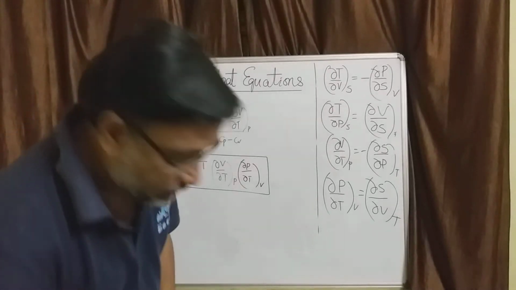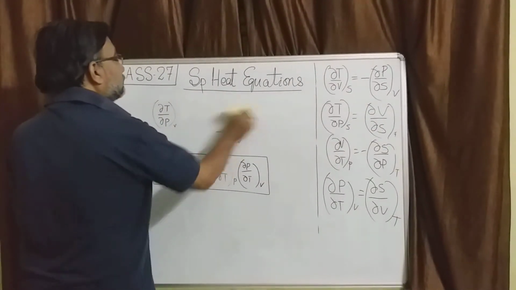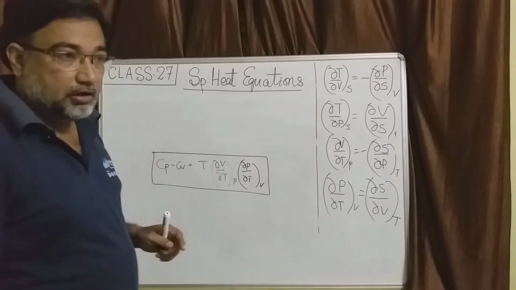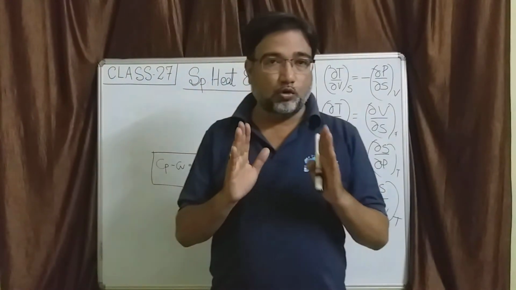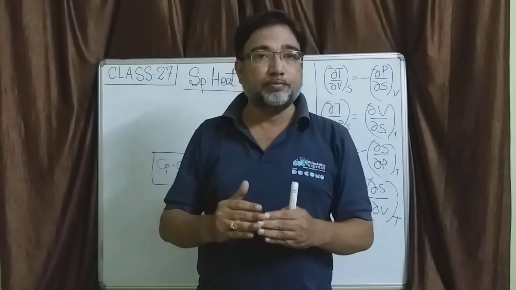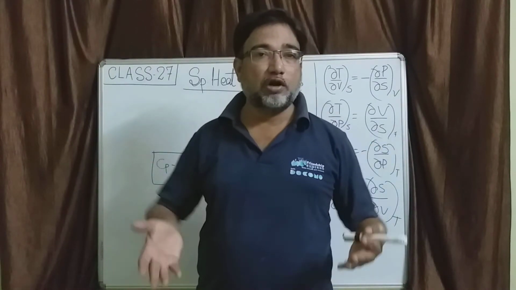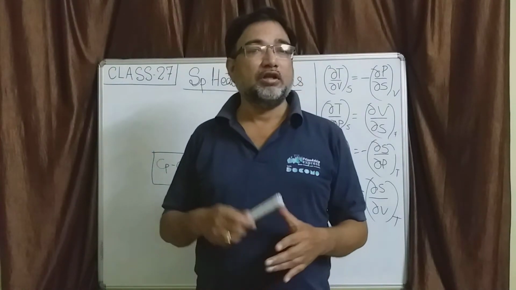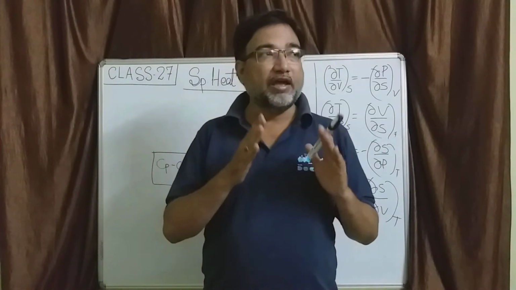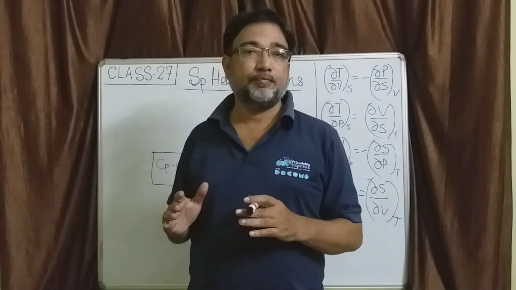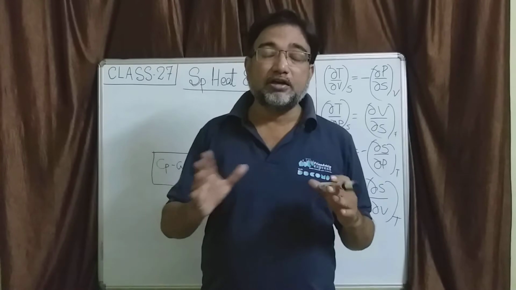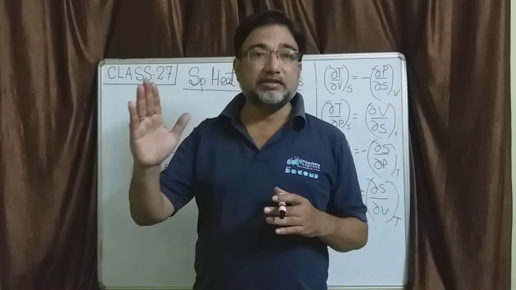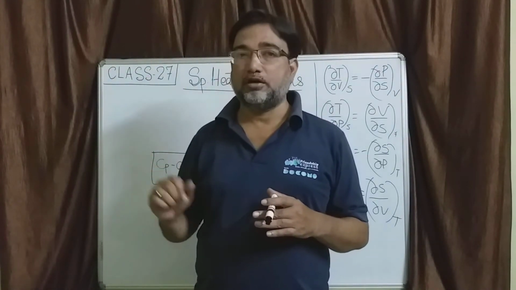Okay. Now we were going to further simplify it. So further simplification will be based on certain things. Now you see, in the last class I told you about 3 mathematical theorems which are the foundation of these thermodynamic relations and on the basis of which the other equations are being formed. In that, the third one says if x, y, z are 3 variables, and they are interrelated, then del x del y at z, del y del z at x and del z del x at y is equal to minus 1.